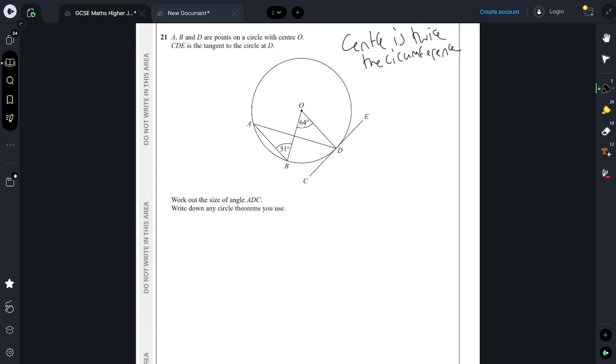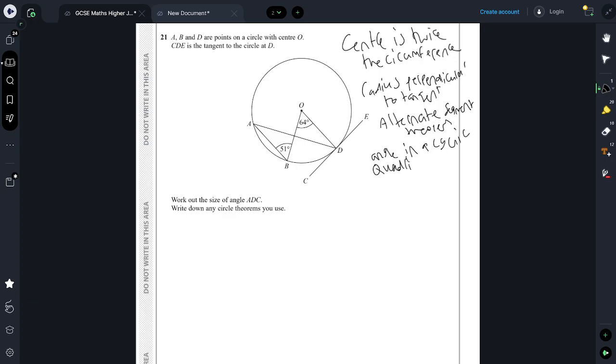That's one of them. We have radius perpendicular to tangent. We have the alternate segment theorem. And we have angles in a cyclic quadrilateral, where opposite angles add up to 180.